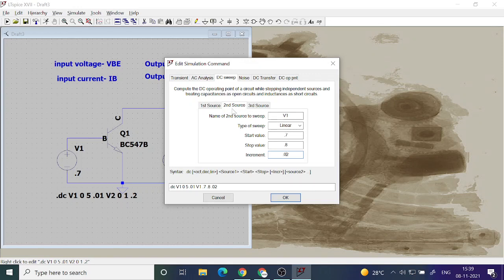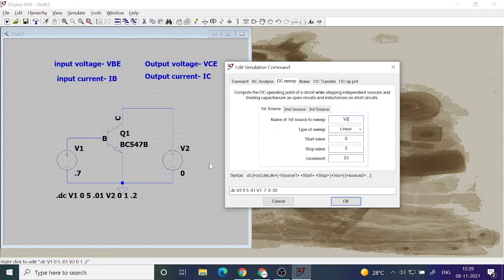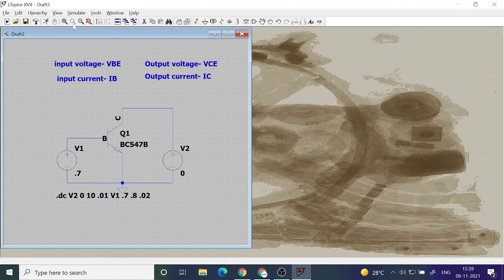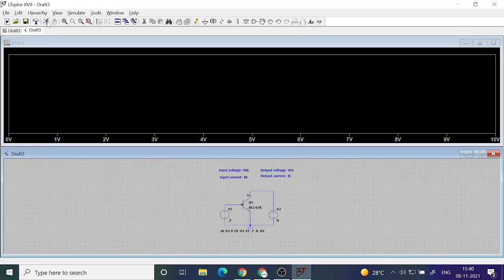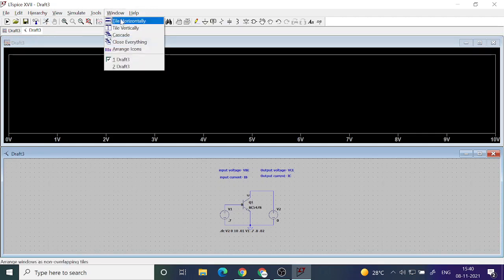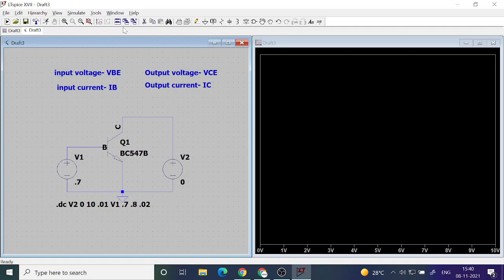So V1 is the second source. Now the first source is V2, which is our output for output characteristics, and this I will vary from say 0 to say 10 volt, in smaller steps of 0.01.